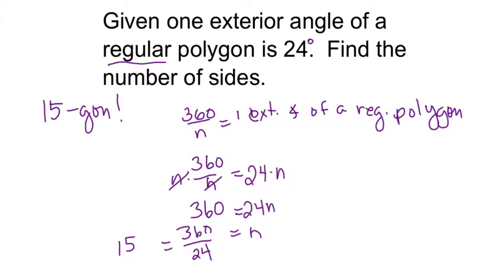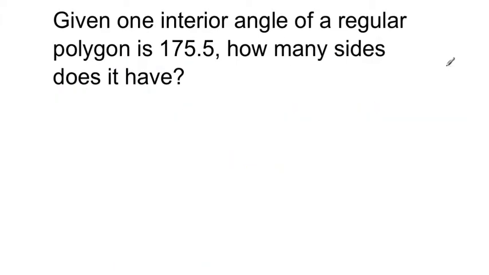Next, this time I'm given one interior angle of a regular polygon, and I want to find the number of sides. So again, the very first thing that I'm going to do is write down the formula for an interior angle of a regular polygon.